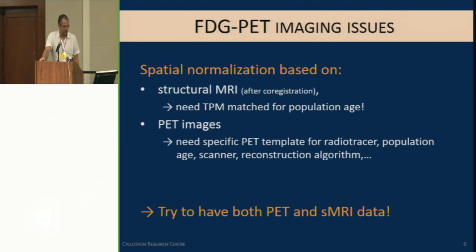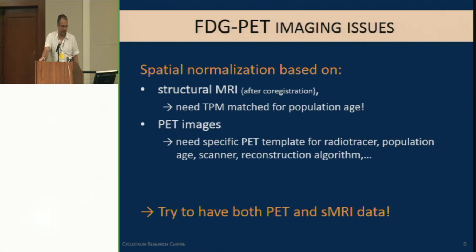Then there is the issue of scanner and reconstruction algorithms. Depending on where you acquired your data, and that happens when you're collecting data from different centers, the images you obtain in the end could be vastly different in terms of smoothness and actual resolution.